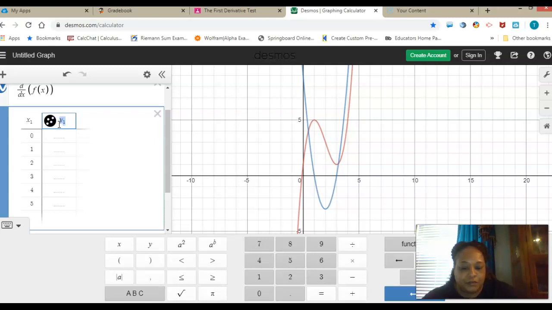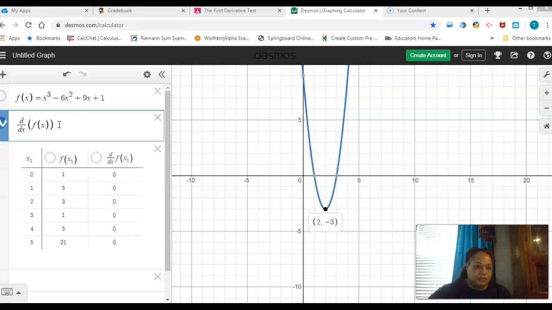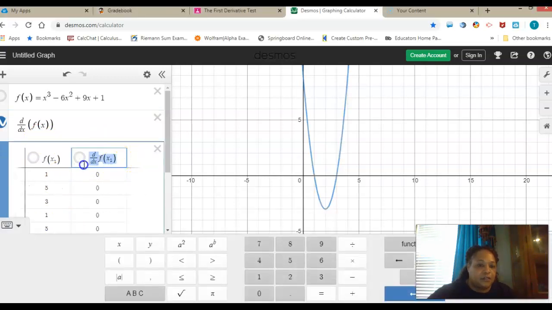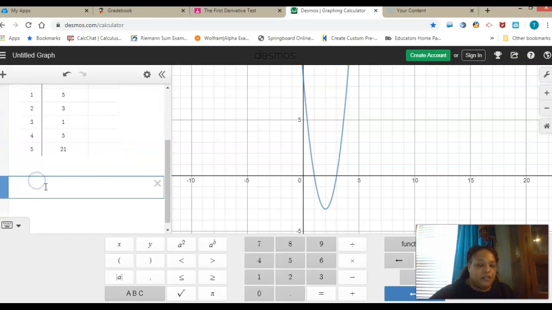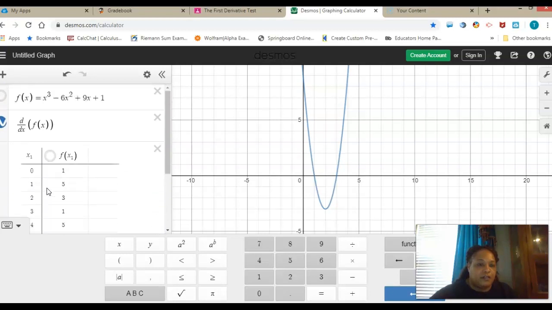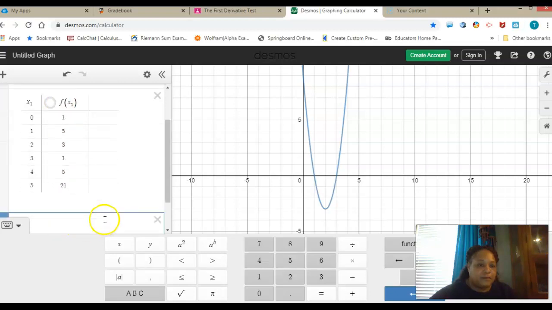I don't want to put in that derivative function, so I'm going to delete that. What I do want to do is go down here and say that the derivative is 3x squared minus 12x plus 9.